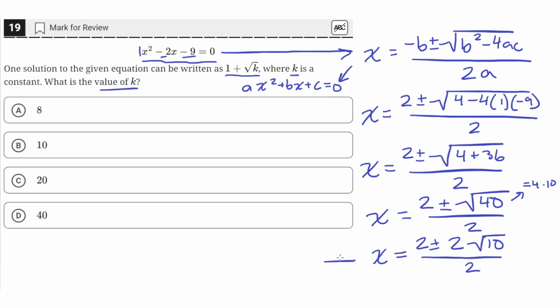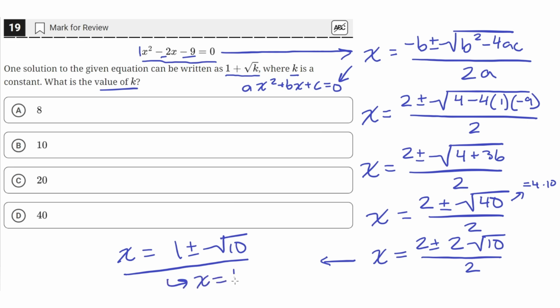And then one final step is we can just divide these coefficients. So x will equal 1 plus or minus the square root of 10. So we just divided 2 by 2 to get 1, and this 2 by 2 to get 1 as well. So now we have our solution written in the form of 1 plus the square root of k. So we'll just use the positive solution.